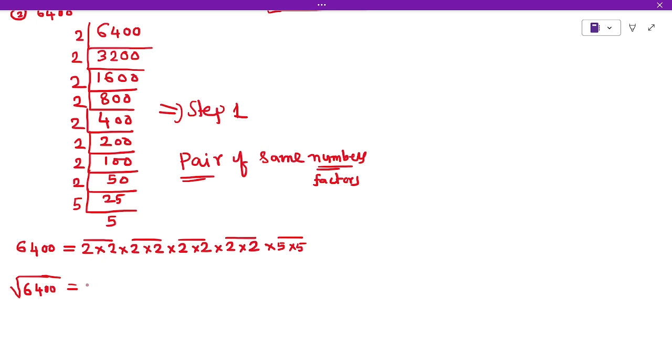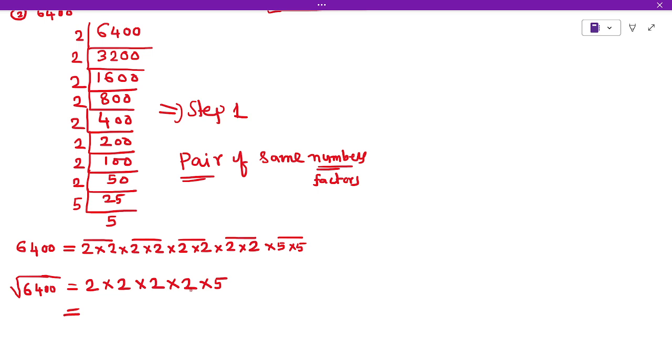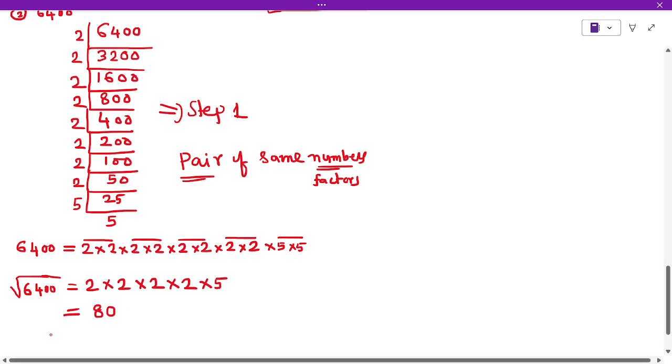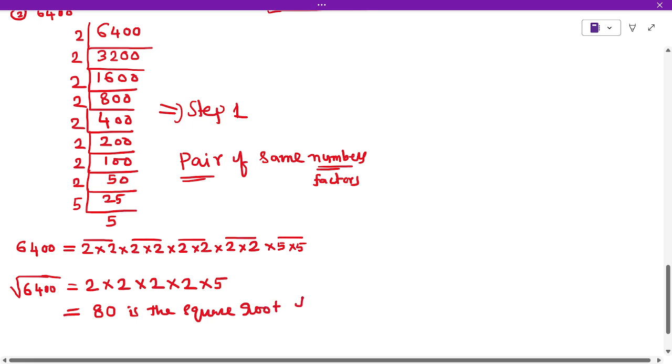From the first pair I am choosing one 2, from the second one 2, from the third pair one 2, from the fourth pair one 2, and from the fifth pair one 5. So if you multiply 2 into 2, 4; 4 into 2, 8; 8 into 2, 16; 16 into 5, 80. Clear? So we can say that this 80 is the square root of 6400.